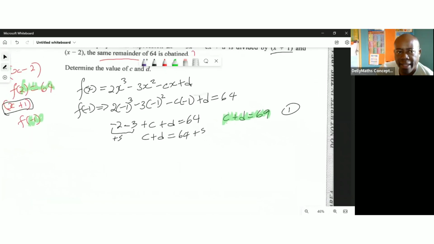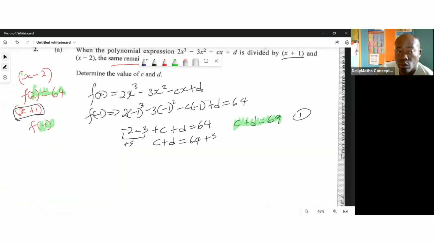Let's see the other equation now. Remember, I'm going to have to evaluate f of +2 because x minus 2 was divided. So we're going to evaluate f of 2.